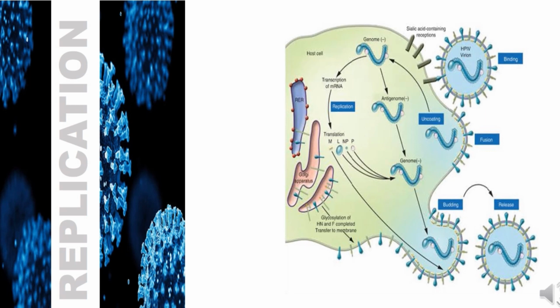The newly synthesized negative RNA strand interacts with the N protein and the virion transcriptase, and these nucleocapsid structures then combine with viral M protein. The viral spike already inserted into the plasma membrane of the cell interacts with the M protein. The viruses are released from the cell by budding.